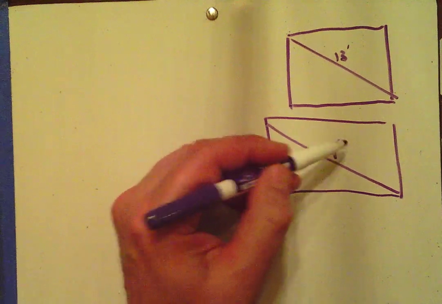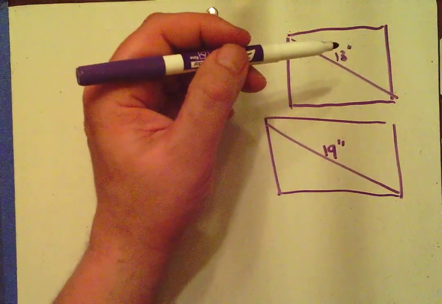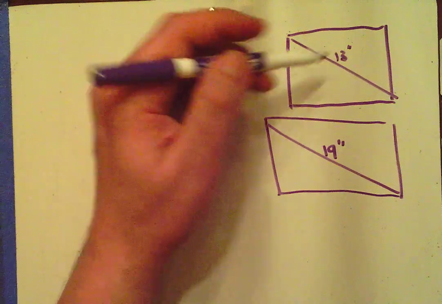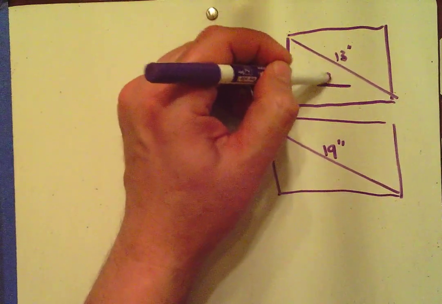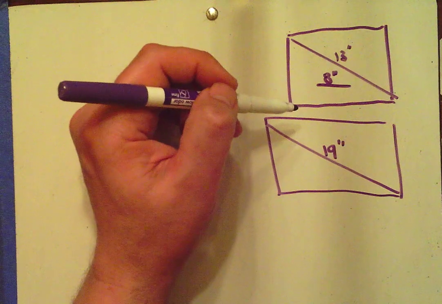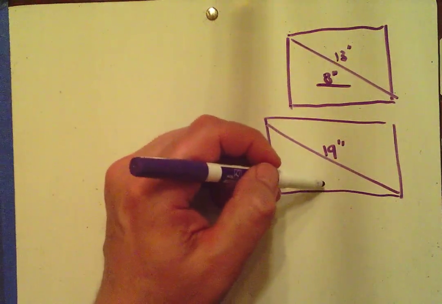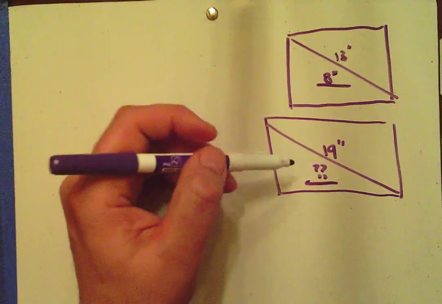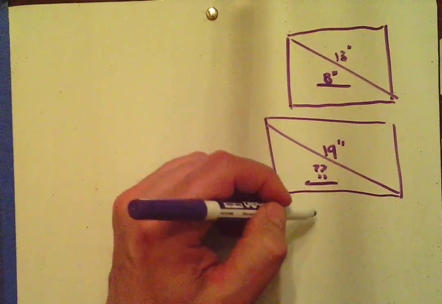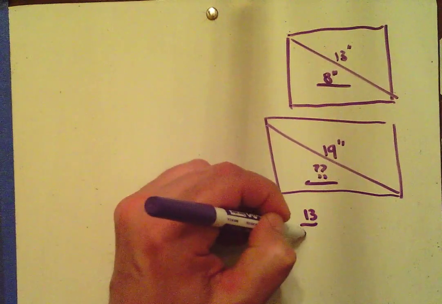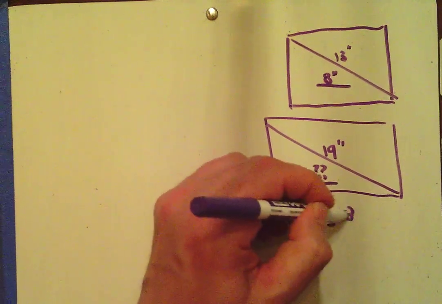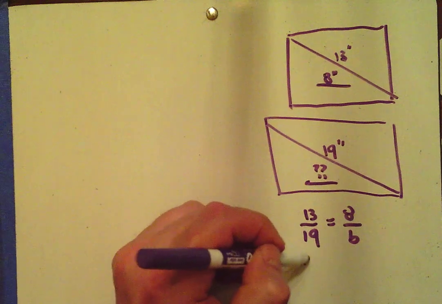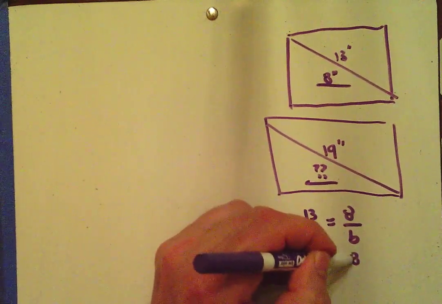A boxcar appeared 8 inches long in the old screen. What would that be in the new screen? Well, we're going to use similar polygons here to say 13 is to 19 as 8 is to the boxcar length. And we'll cross multiply to solve.